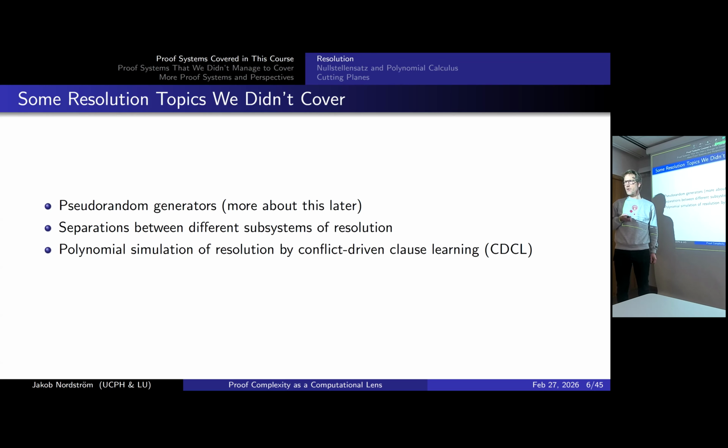Something that we absolutely didn't talk about that would be great to talk about are pseudo-random generators. I'll mention later that we don't really have good candidates for hard formulas. I think, except random k-CNFs, there's always a candidate, but it's kind of an unstructured and not so nice candidate for hardness. Pseudo-random generators are cleaner. Basically, you take some nice pseudo-random generator that stretches n bits to n plus 1 bits. Then you write down the claim that some particular length n plus 1 bit string is in the range of the pseudo-random generator.